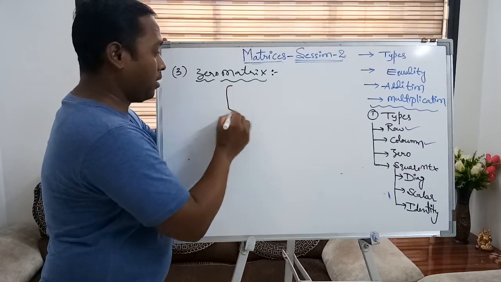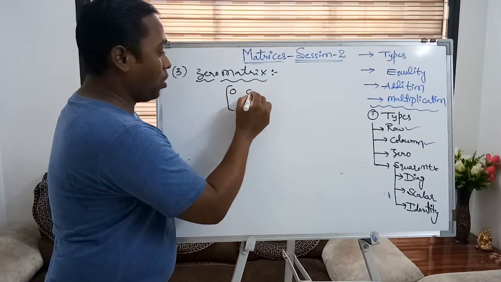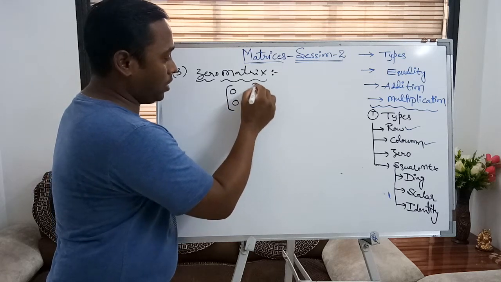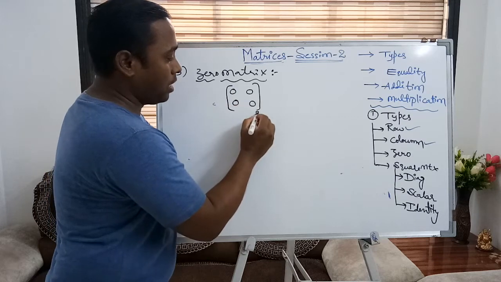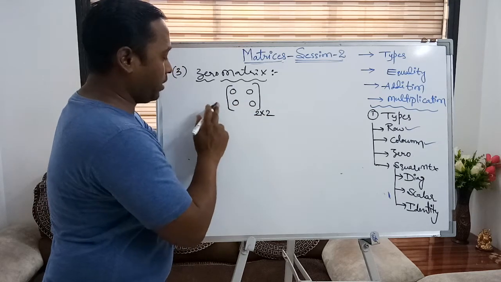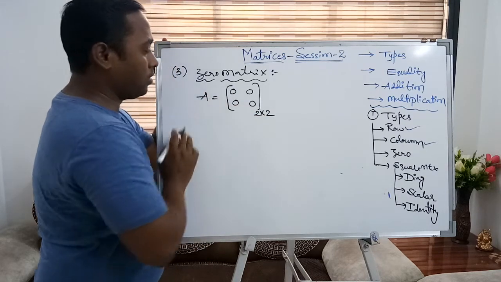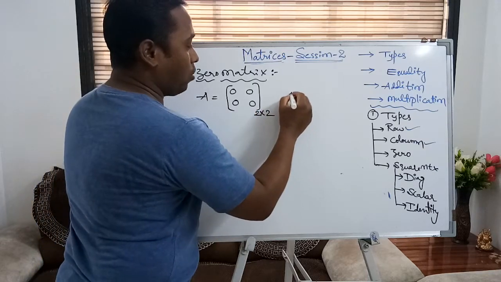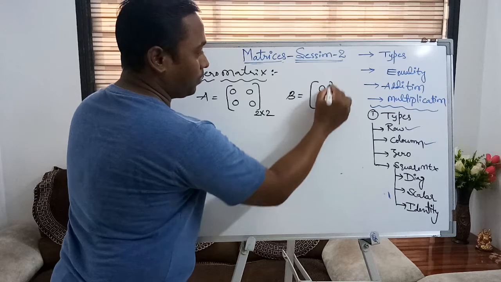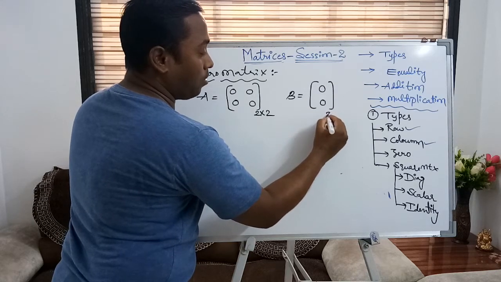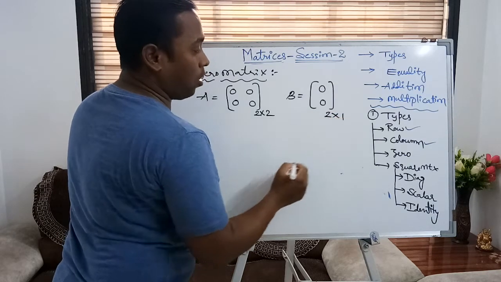It may be like this. I am taking all the entries here as 4 zeros. The order of this matrix is 2 rows and 2 columns, so the order is 2 by 2. Hence this is a zero matrix. I can also write another zero matrix here, with 2 rows and 1 column.